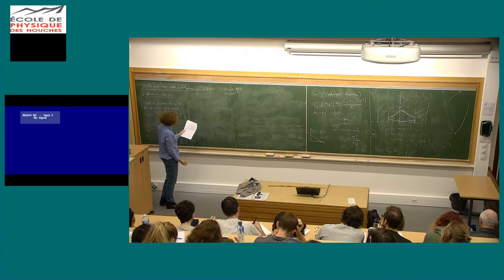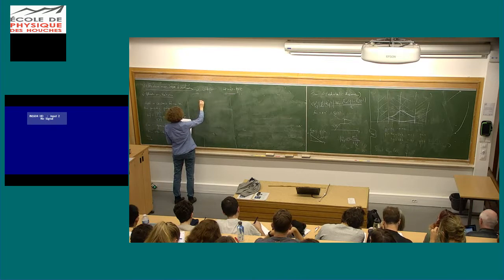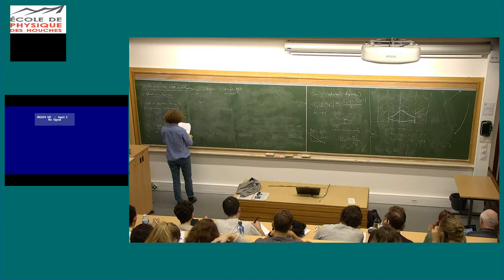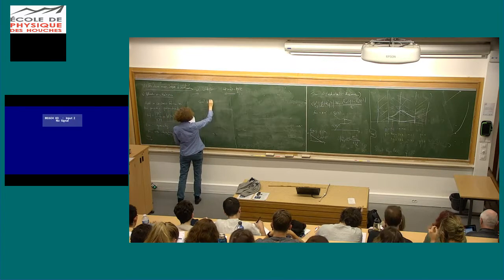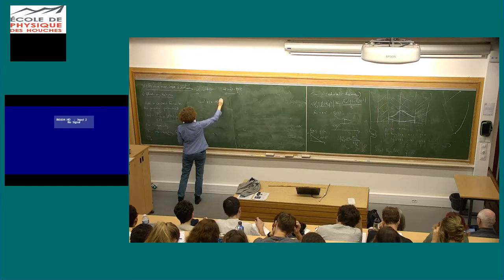If you look at what potential you will get, you will get a sine square of k times x minus alpha t squared over 2.